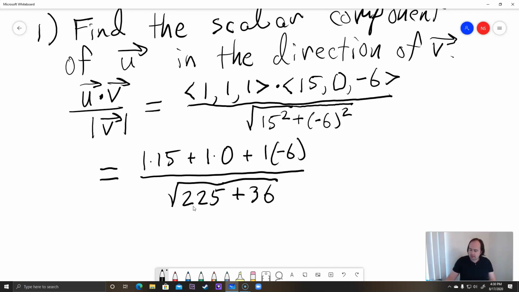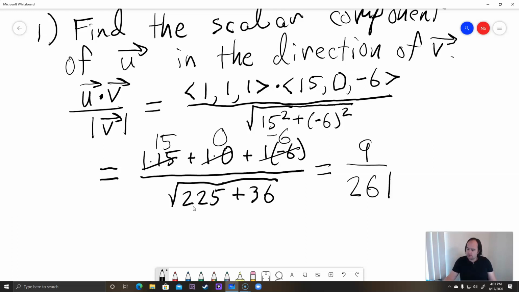And on the top, we've got 15 plus 0 minus 6, so 15 minus 6 is 9 on the top. And on the bottom, 225 plus 36 is going to be 261, but we still have a square root around that.